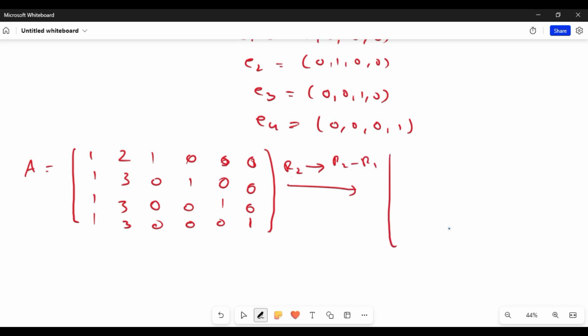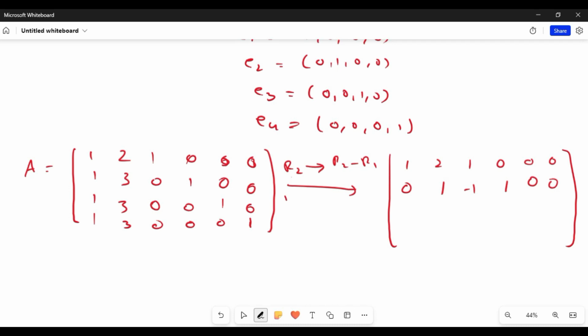So no change in the first row: 1 2 1 0 0 0. Second row will be 0, 3 minus 2 is 1, isn't it? 3 minus 2 is 1, and 0 minus 1 is minus 1, 1 minus 0 is 1, 0, 0.